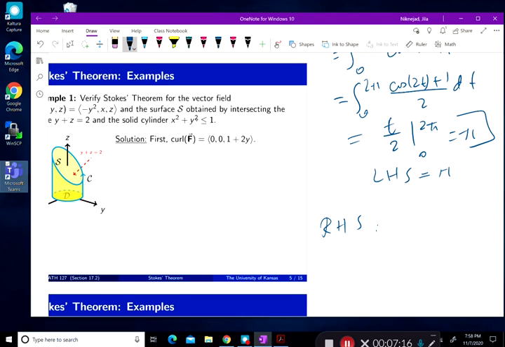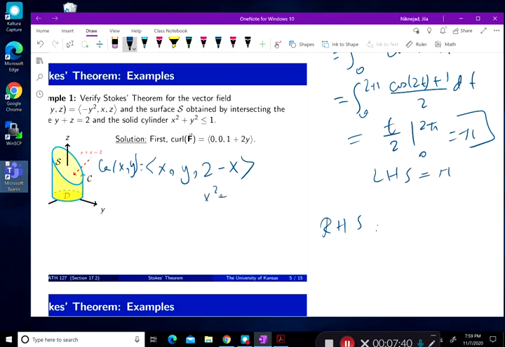Let's go with x, then y is y, and z is 2 minus x. And now there's two parameters, so I have g of x and y.